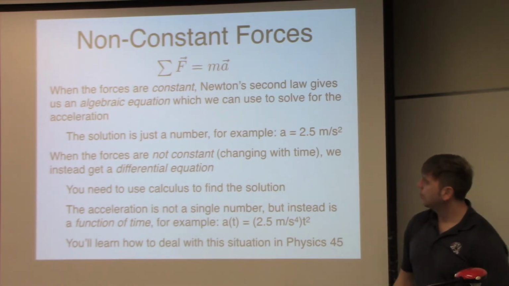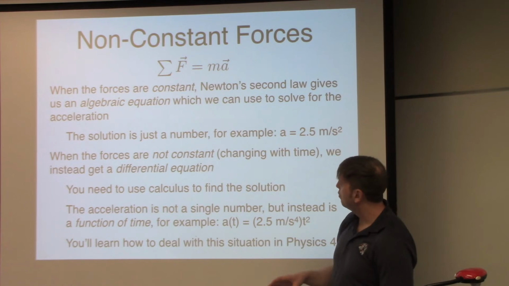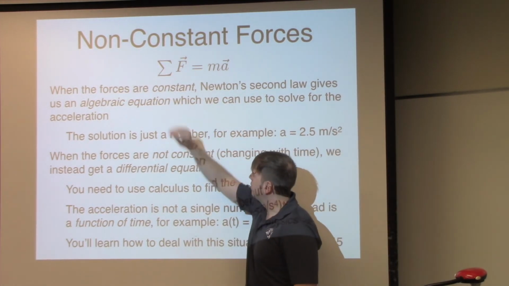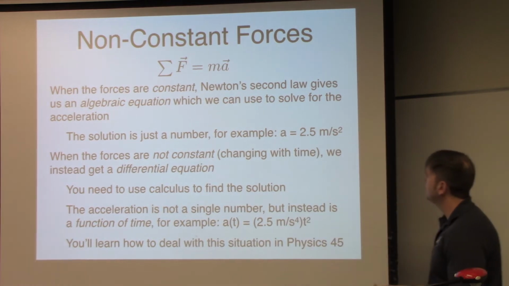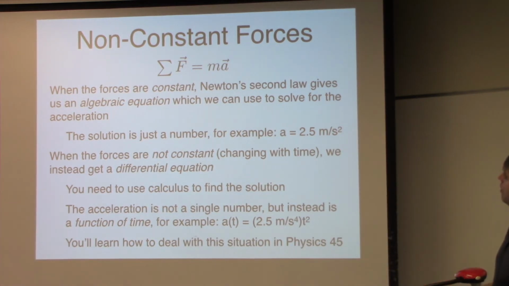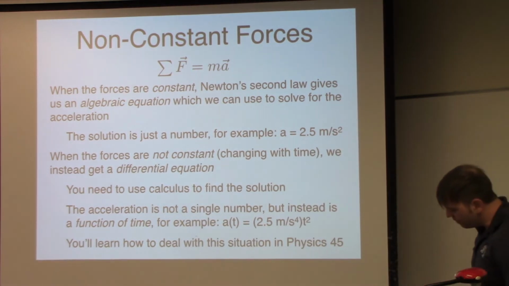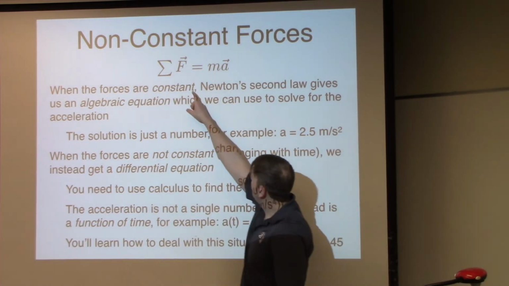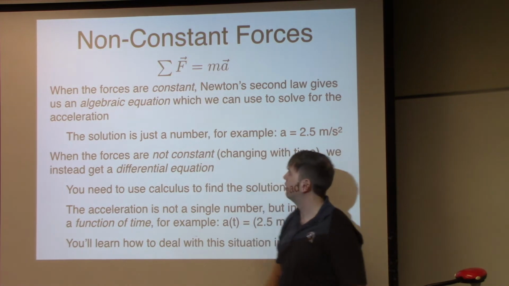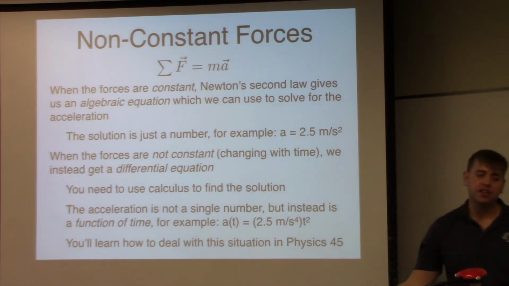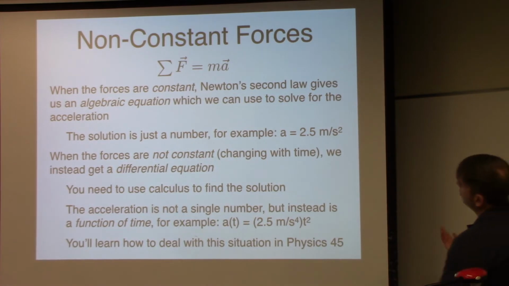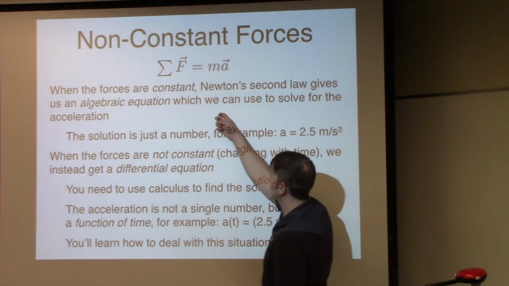So every single problem that we've solved in this class so far, using F equals ma, has used constant forces. So forces that are not changing in time, just staying the same. Whenever we have that as our situation, when we apply F equals ma and plug the forces in, what we always get is an algebraic equation, meaning it's an equation we can solve just using algebra.